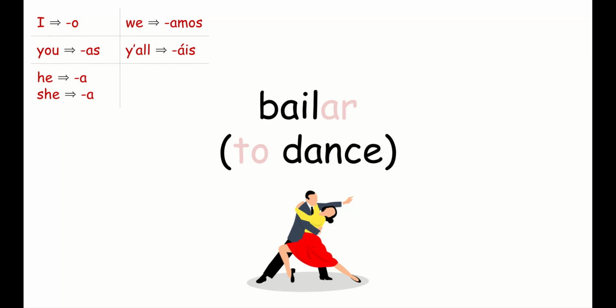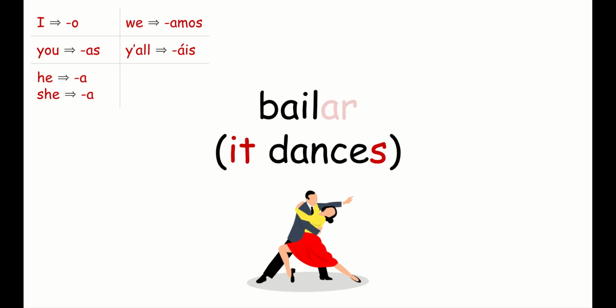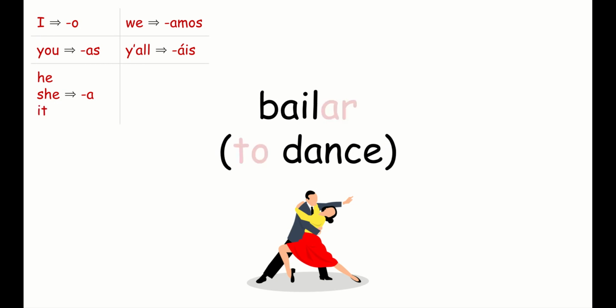You can even use this if you're talking about anything that is singular. So baila would mean it dances also. So he, she, or it dances would all be baila. That is the ending for this third person singular grammatical person.